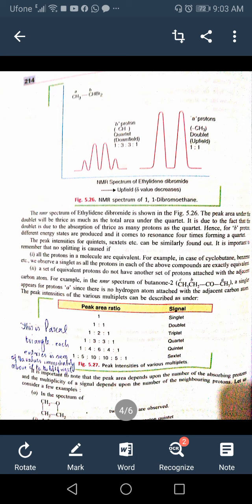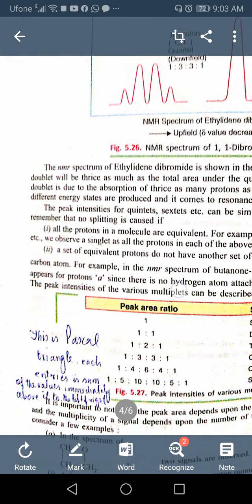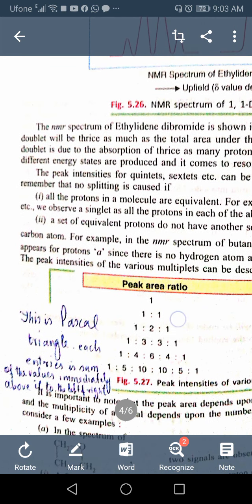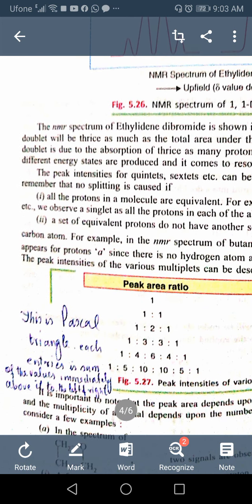Now intensity can be explained on the basis of the Pascal triangle. The peak area or height or intensity of the peaks, if you write it, is in the form of a triangle. This is called the Pascal triangle.